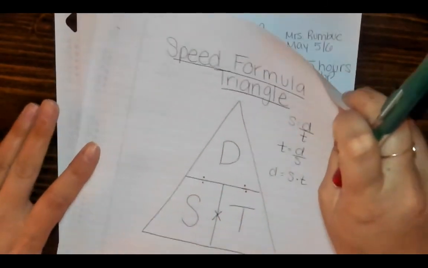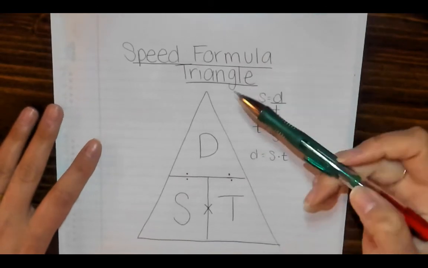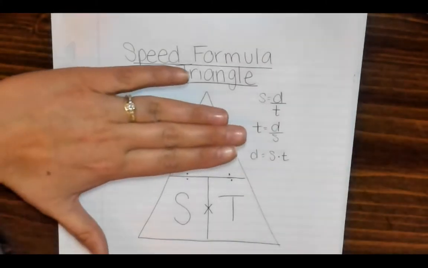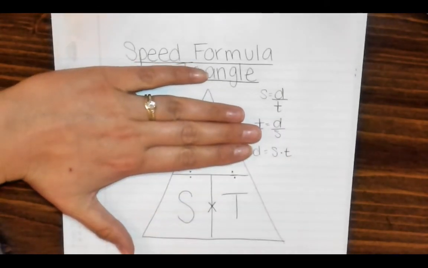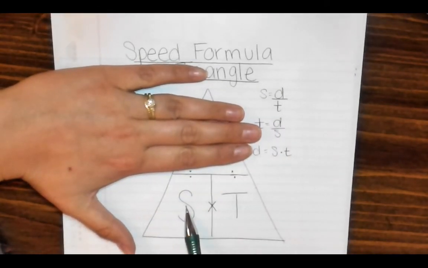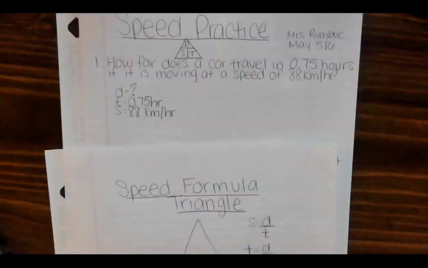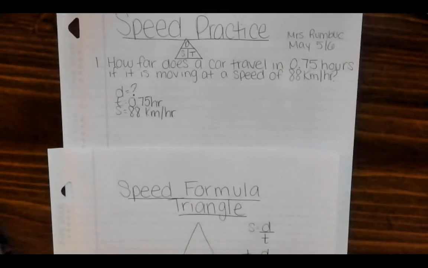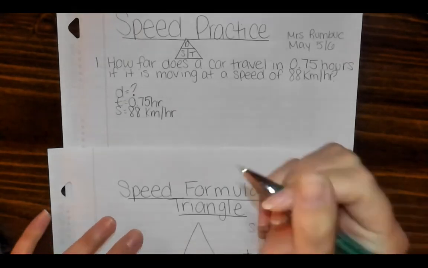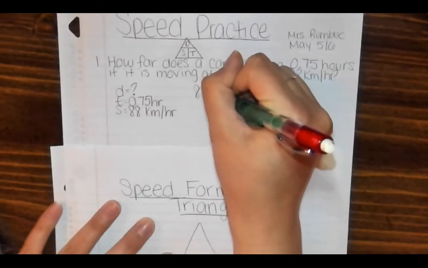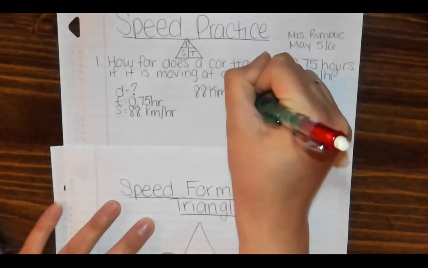So we're looking for D. So going back to our triangle, whatever we're looking for, we're going to cover up. So in this case, we're looking for D, so we're going to cover up D, which means that our equation is going to be speed times time. So in this case, we are going to multiply speed times time. So our speed is 88 kilometers per hour.